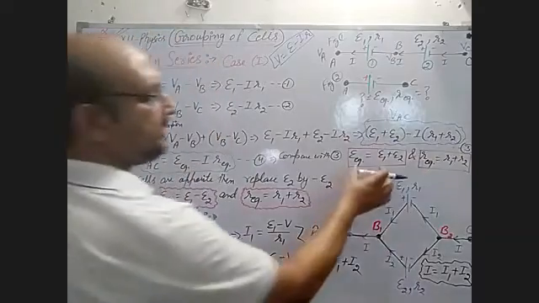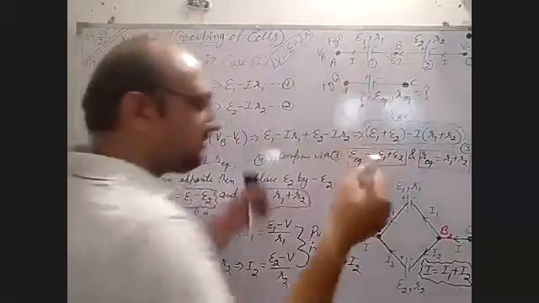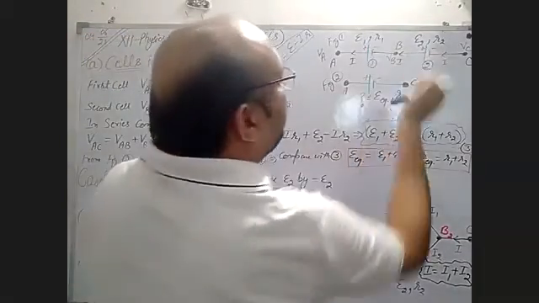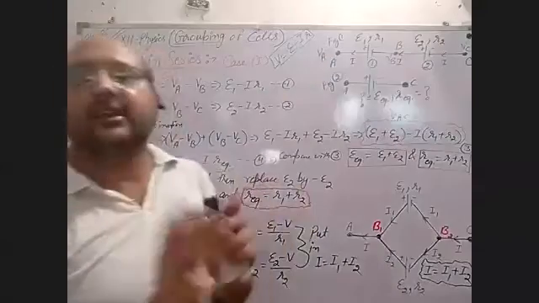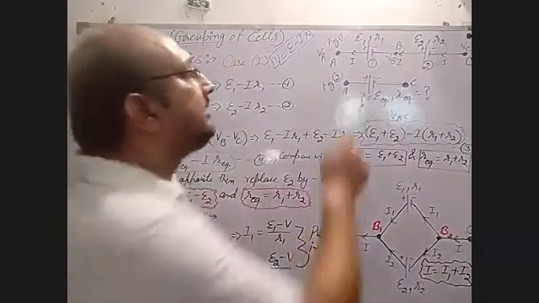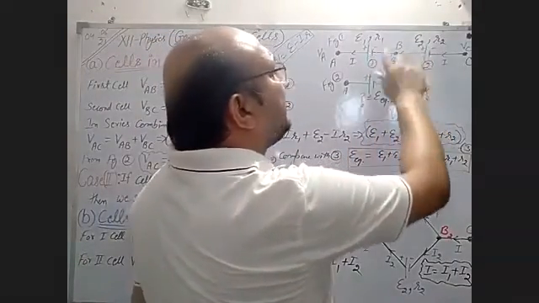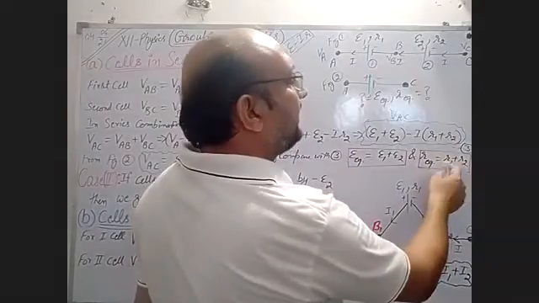What is the meaning of this? If we take the cells in the same order, then the algebraic sum of the EMFs will give us the net effective EMF. And both resistors of these cells are in series. That's why we take R1 plus R2.